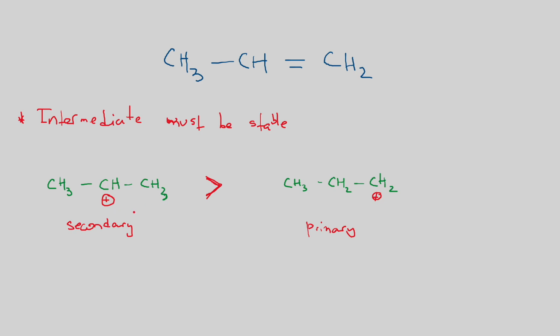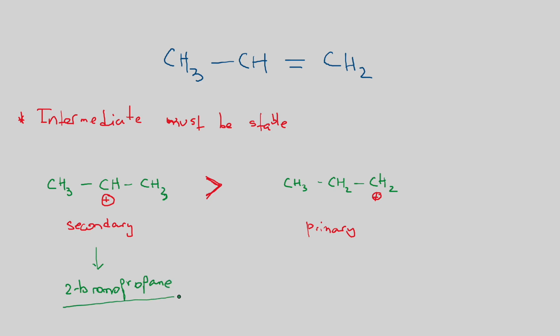So as the secondary carbocation is more stable, the major product for this reaction becomes 2-bromopropane.